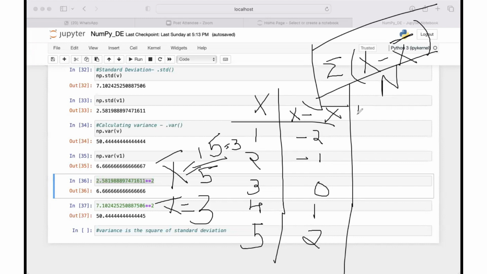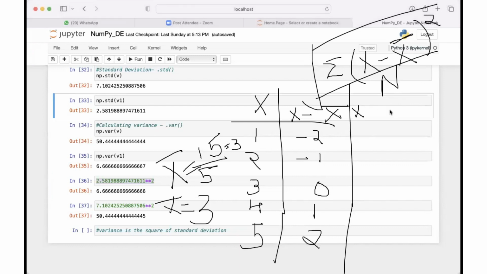Next, according to the formula, is x minus x bar whole square, and the summation of it.